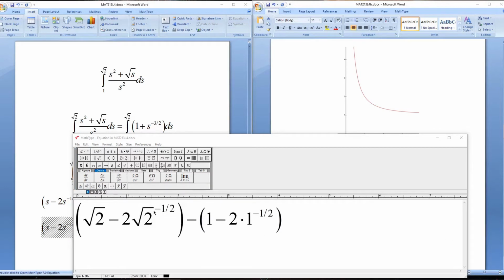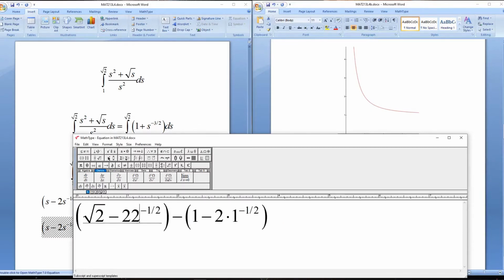So this one won't clean up too nicely, but this square root of 2, remember that means 2 to the power half. And then a half, and that's actually times this one to get us a minus 4th. I know that might be a little goofy seeing that here with this equation editor.